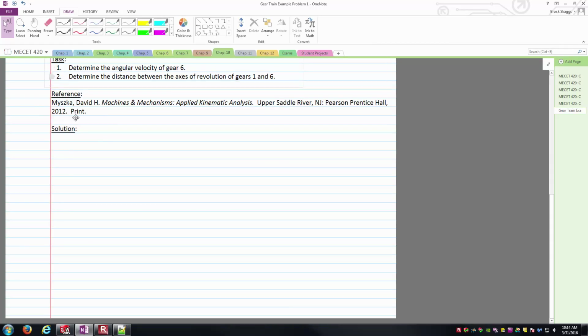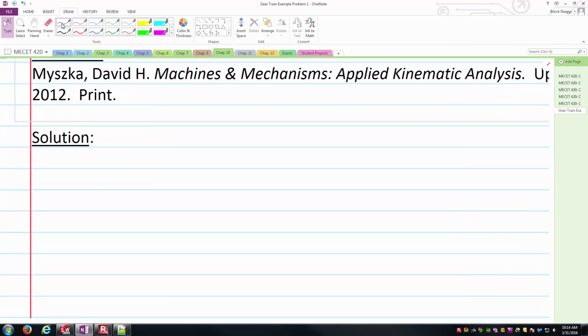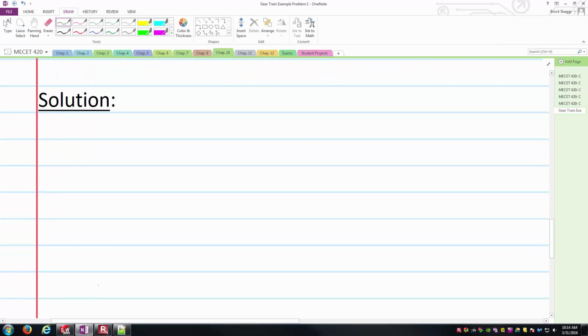I'm first going to work on determining the angular velocity of gear 6, and then we'll come back and worry about the center distance second. In order to figure out the angular velocity of that gear, we need to find something called the train value. The train value, which we'll set equal to the variable TV, is basically a ratio of the angular velocity of the input gear to the angular velocity of the output gear.